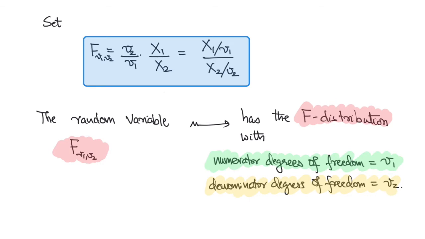However, for our purposes, we would only need to know that such a distribution exists and we know how to calculate critical values corresponding to the F distribution with a numerator and denominator degrees of freedom.